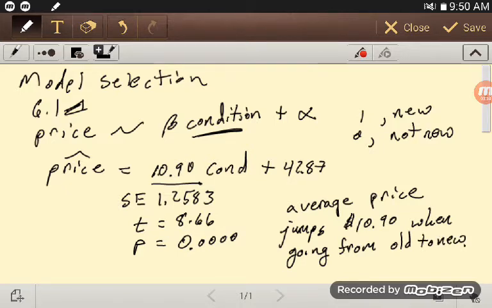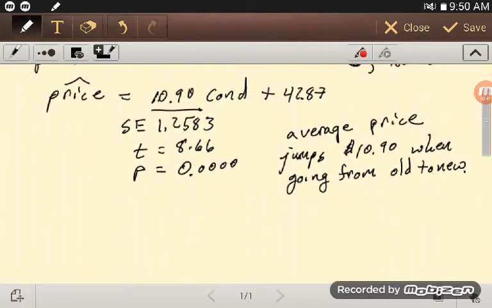So in this case, we can interpret the slope as just that difference in the average when we go from the one level that we called 0 to the new level which we called 1.